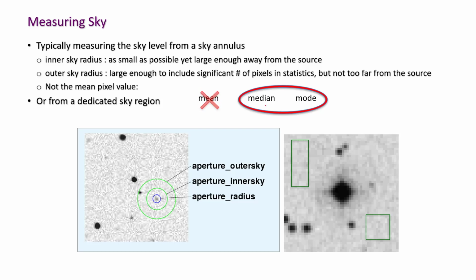So oftentimes we use the median and the mode. Median and mode are very similar, and if the distribution of pixel values is symmetric around the mean or peak value, the median and the mode should result in the same value.